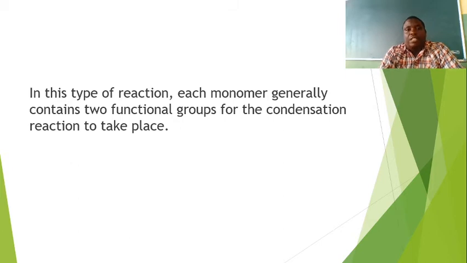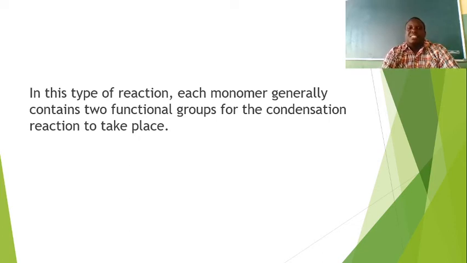in this type of reaction, each monomer generally contains two functional groups for the condensation reaction to take place. It means that there must be two functional groups, two different, or maybe common also, it can happen. I think you have done many functional groups in senior 5.